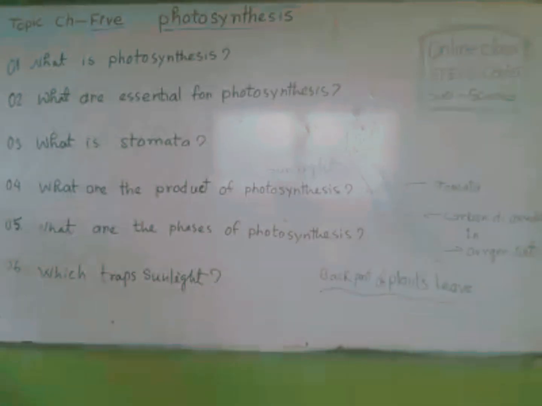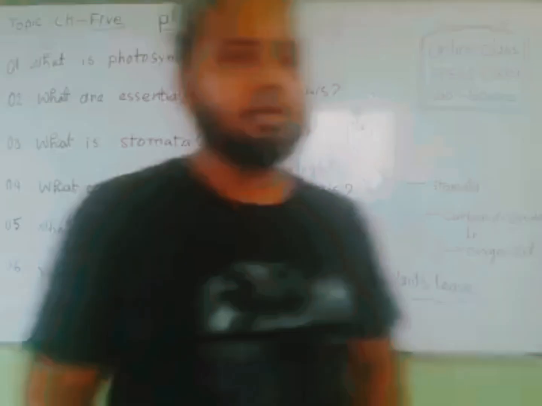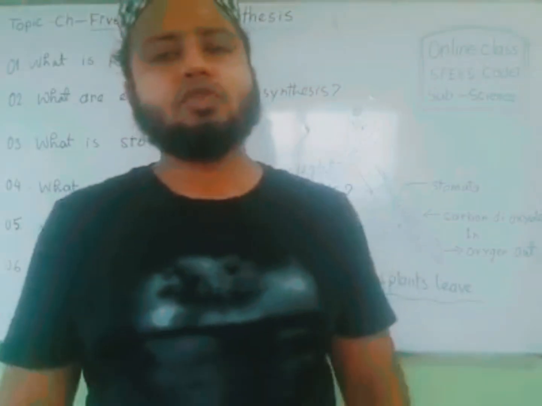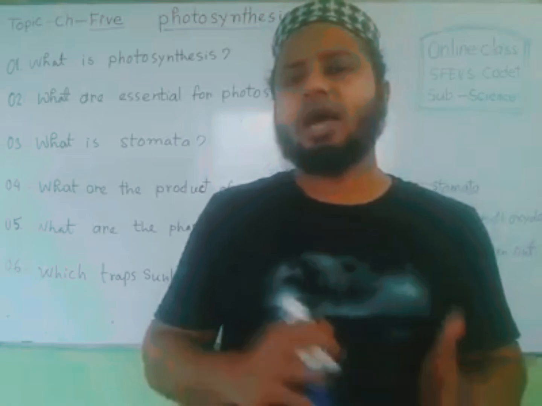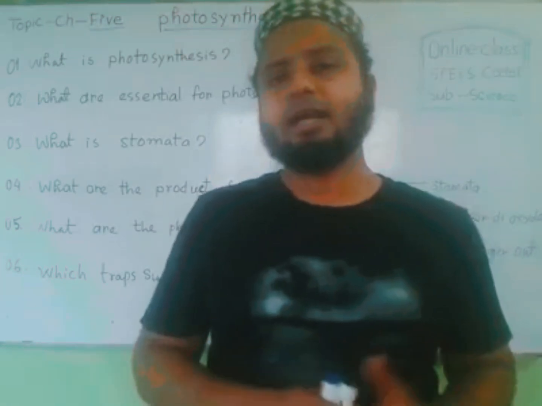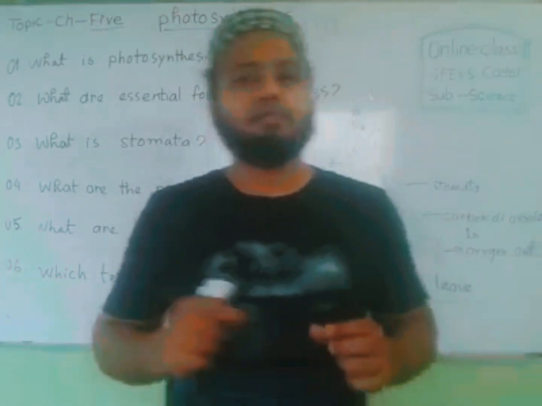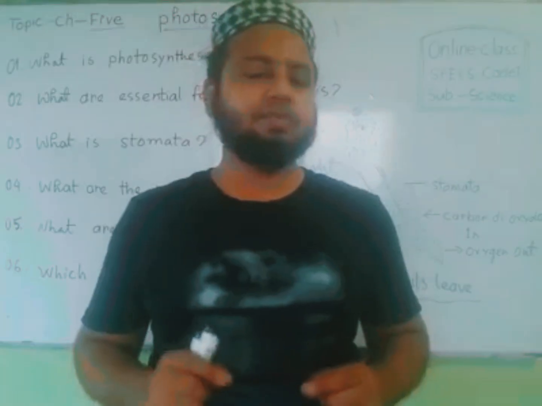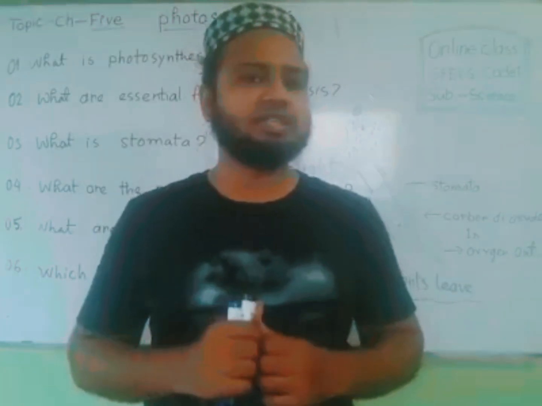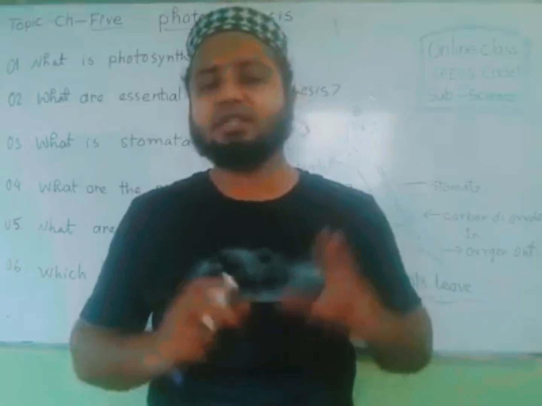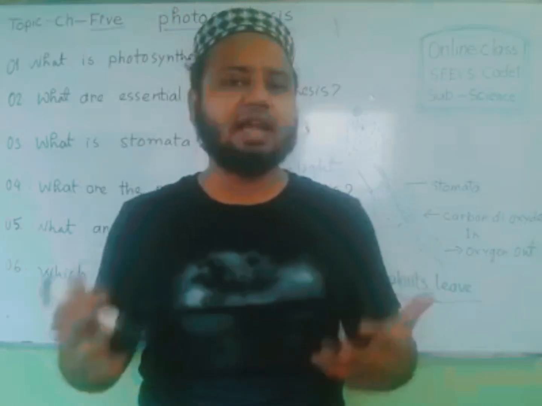Before starting this chapter, the chapter is about how trees prepare their food, and the process by which trees prepare their food. In English, it is called photosynthesis. Photo means light and synthesis means analyze.